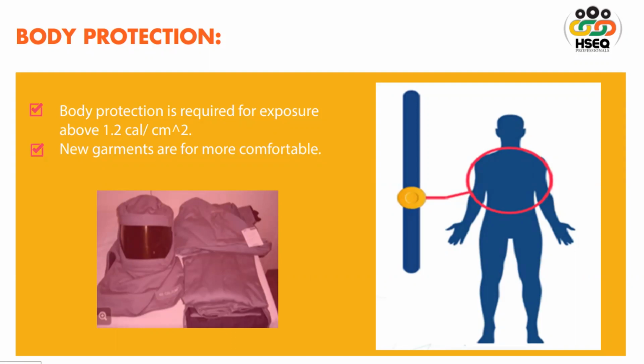But 70E makes it compulsory that if you are working on a system where the incident energy is more than or equal to 1.2 cals per centimeter square, then at least PPE category 1 or accredited clothing which has an arc rating of more than 1.2 cals per centimeter square should be used.